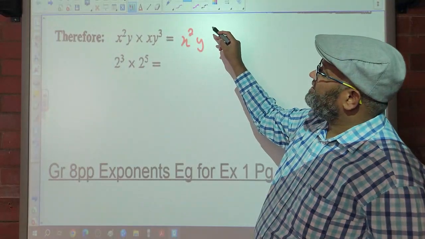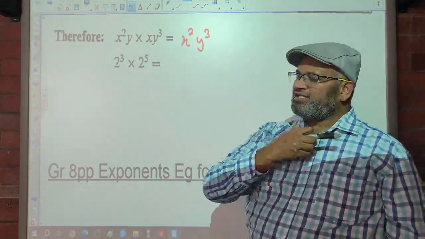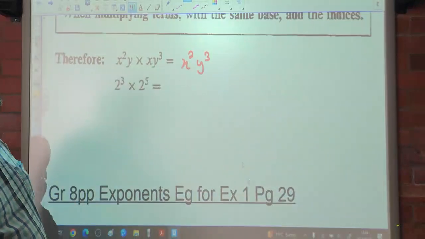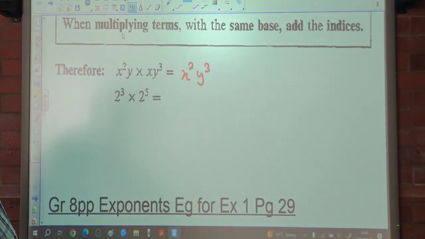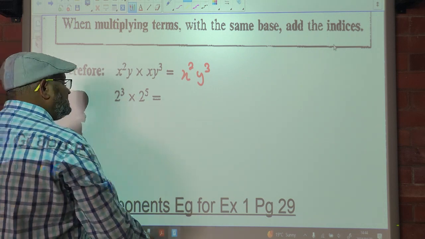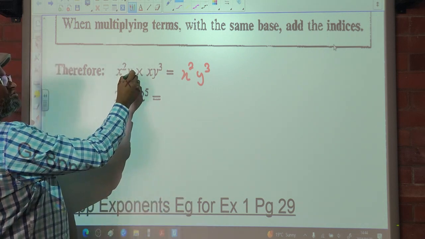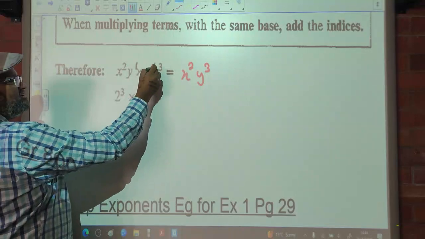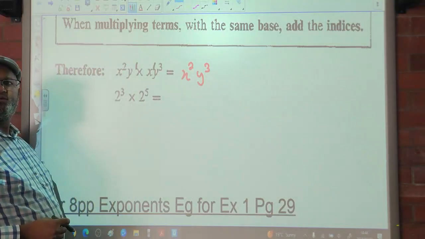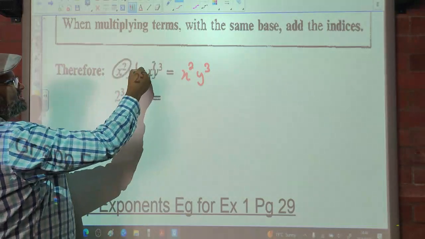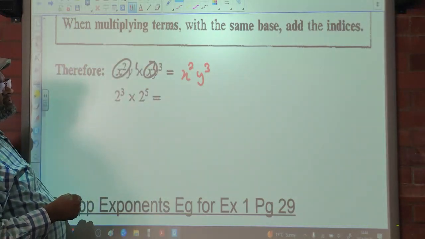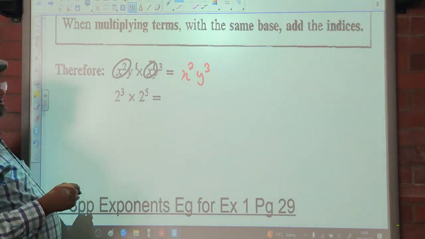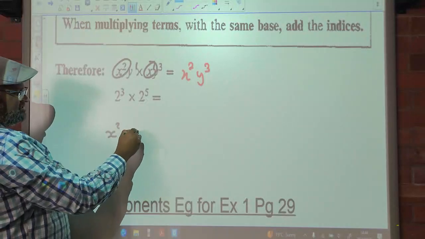y 3. Okay, what was the rule I said? We said that when multiplying terms with the same base, add the exponents, add the indices. So if there's no exponent here, what is the exponent on this y? 1. On this x? 1. Can you see that? So what is x squared times x to the 1?